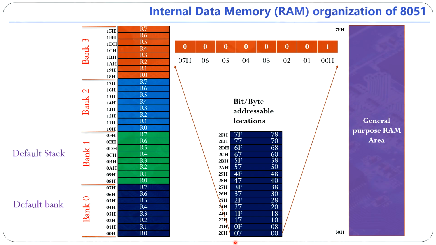In the same way, we can represent 08 to 0F, 10 to 17, 18 to 1F, 20 to 27. In this way, we can represent the locations, right?